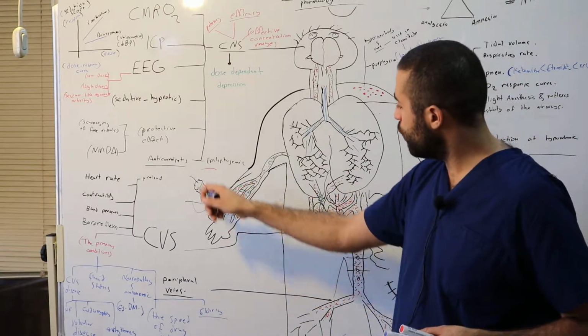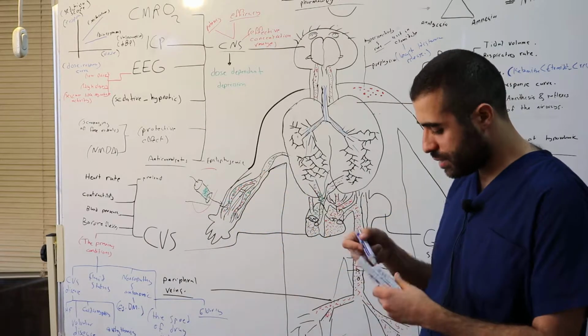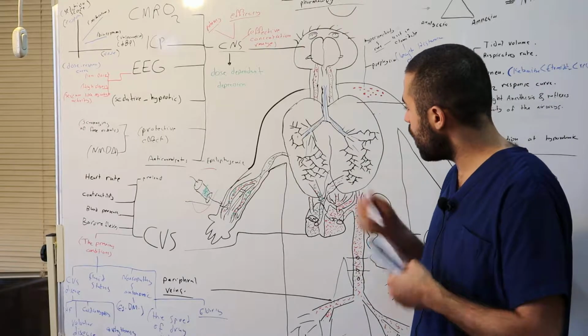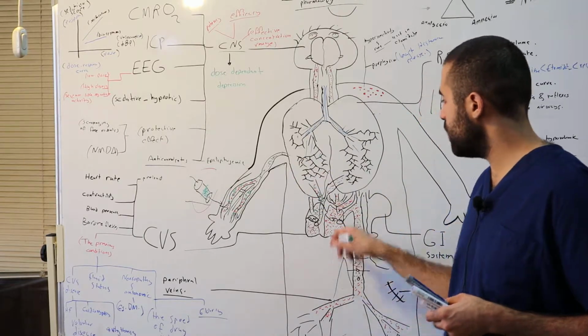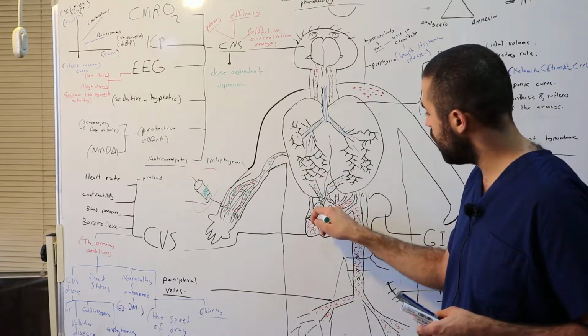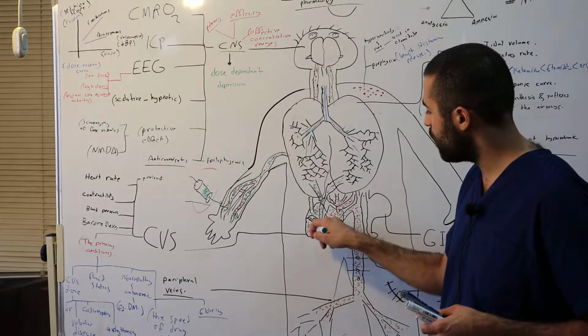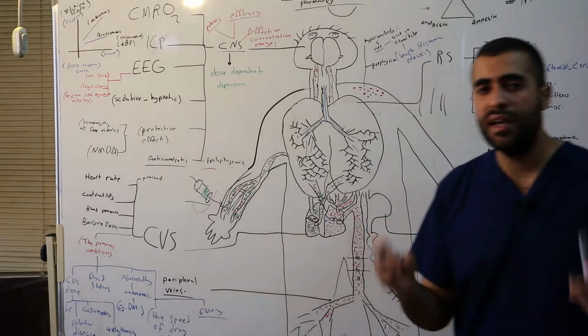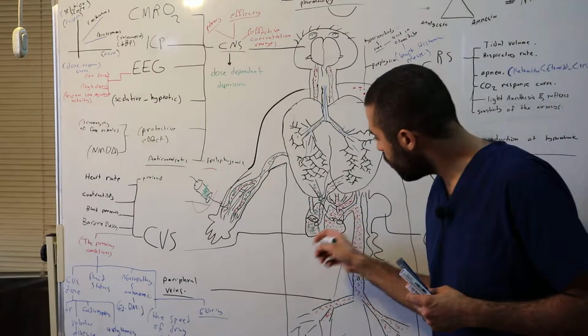So let's move on. This is the IV anesthetic moving from the veins into the right atrium through the superior and inferior vena cava. This is the right atrium of the heart. This is the tricuspid valve and the right ventricle. Okay, so what is the direct effect of the IV anesthetics on the heart?